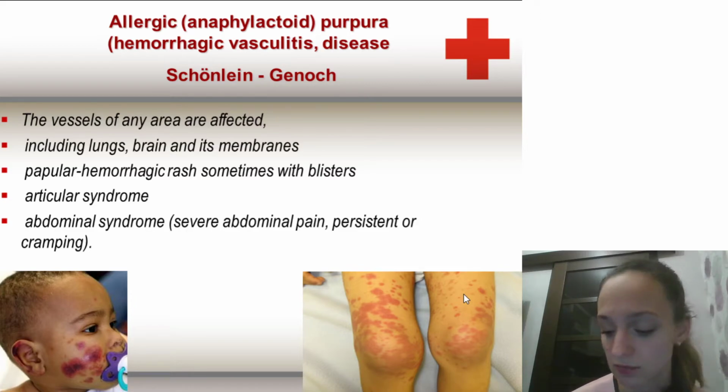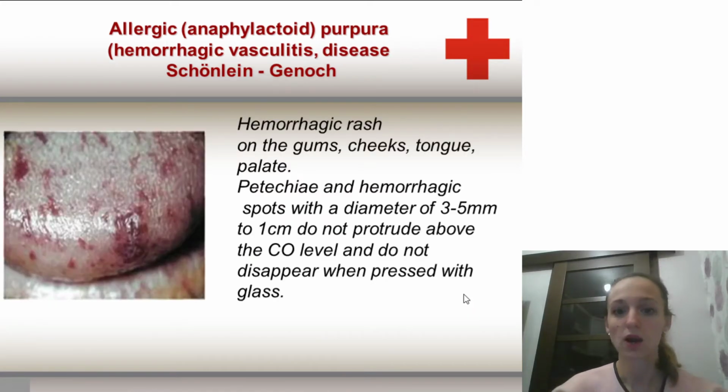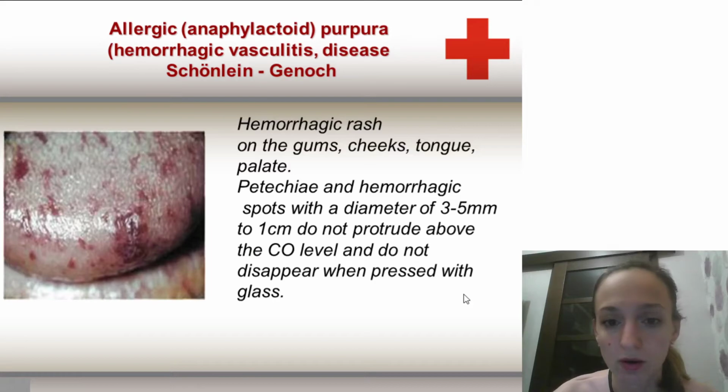So it is abdominal pain. Then hemorrhagic rash of the gums, cheeks, tongue, and palate. Petechiae and hemorrhagic spots with a diameter of 3 to 5 millimeters to 1 centimeter do not protrude above the level of the mucosa and do not disappear when pressed with glass.